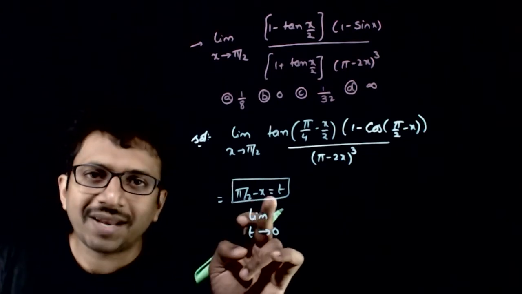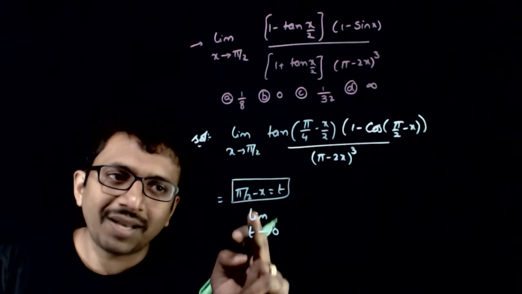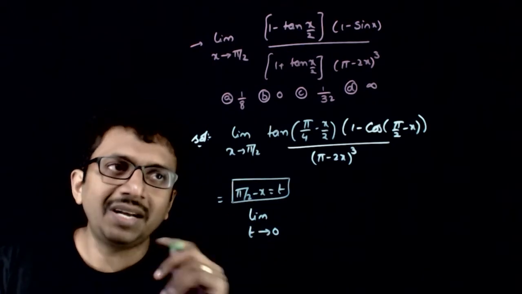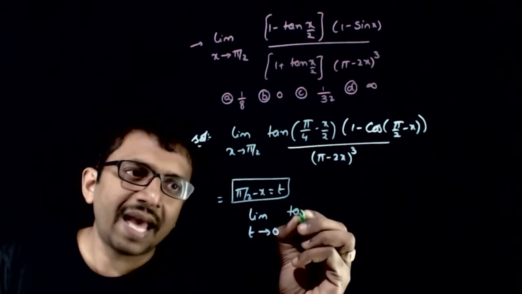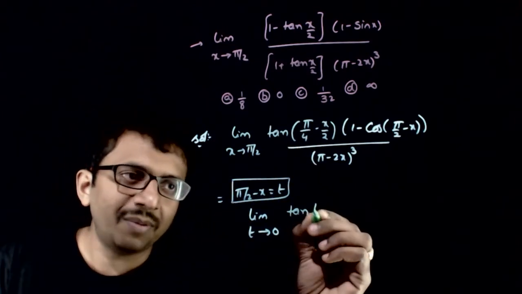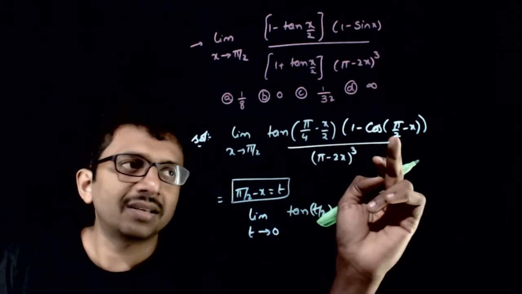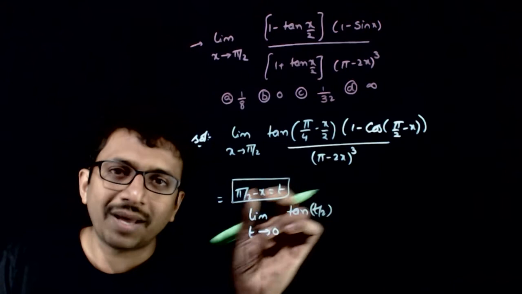Tan of pi by 4 minus x by 2, that's nothing but t by 2, right? So tan t by 2 into 1 minus, this becomes pi by 2 minus x, which is t.